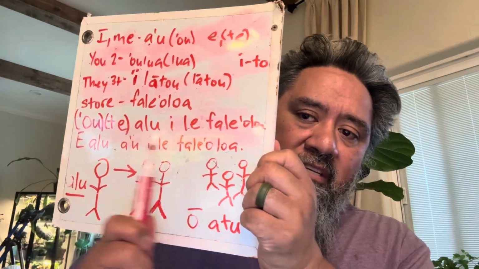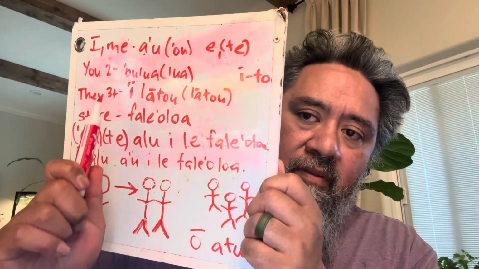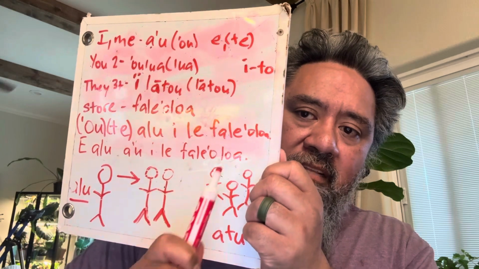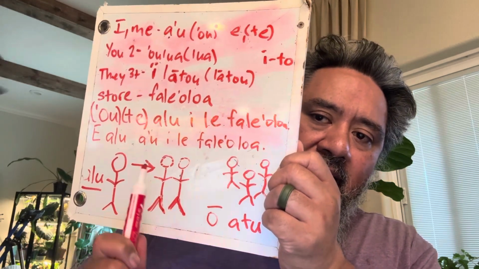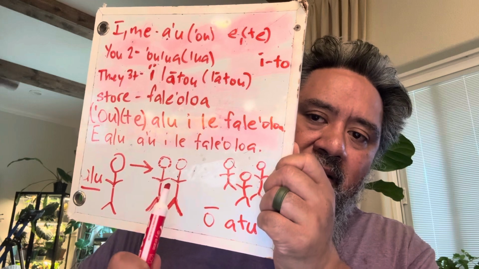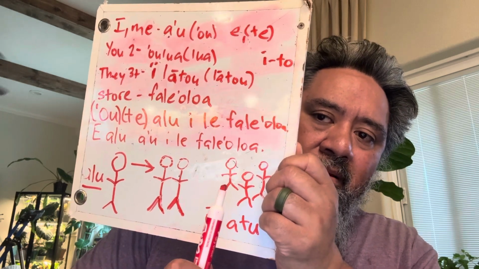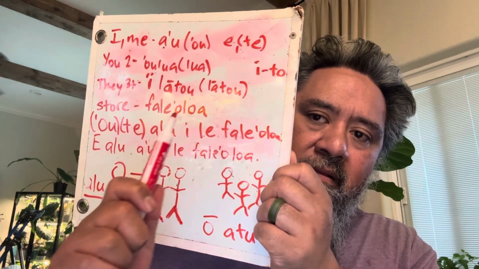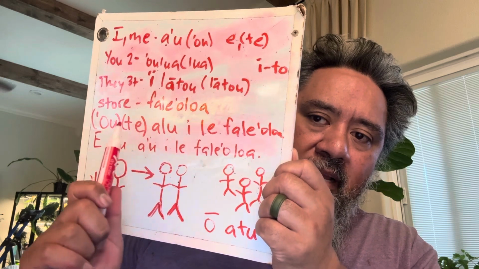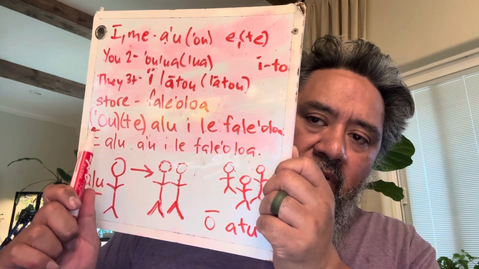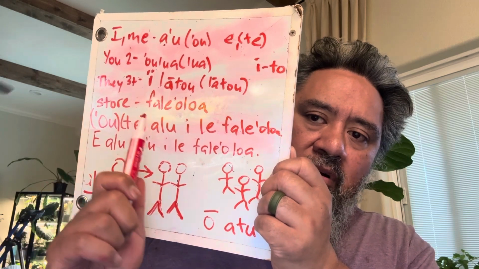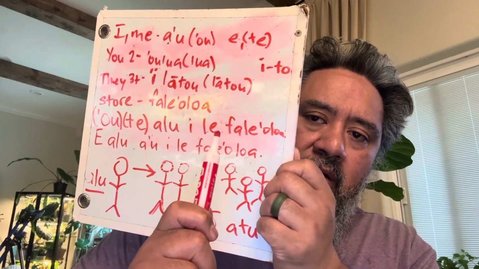So with this, you can use this structure even with they, talking about these guys. So here's the guy talking, and he's talking about these guys here. He would say lātou instead of olua, right? Lātou te o atu ile faleoloa.